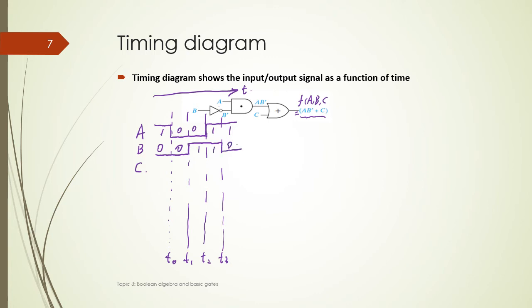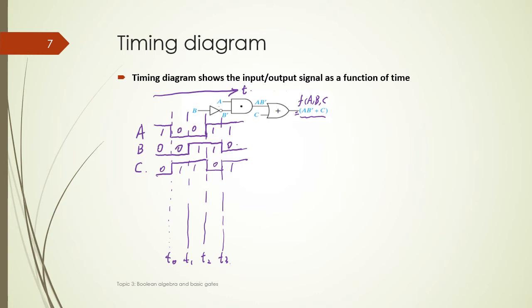For C, we also give an example here. Let's say C changes like that. So we get 0, 1, 1, 0, 1. So the question is, how would the output change?